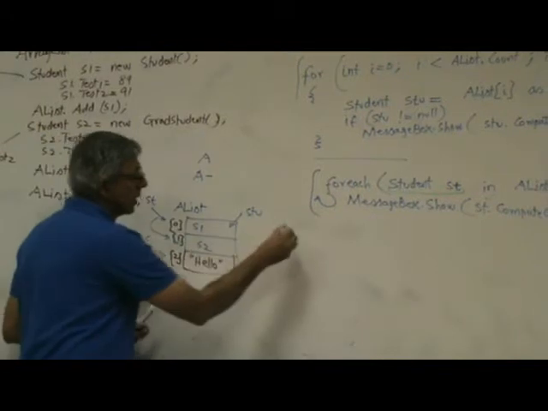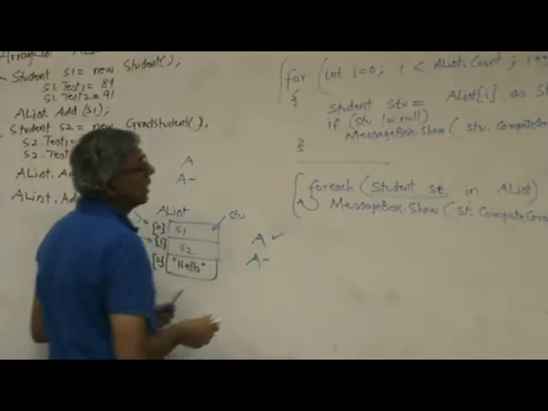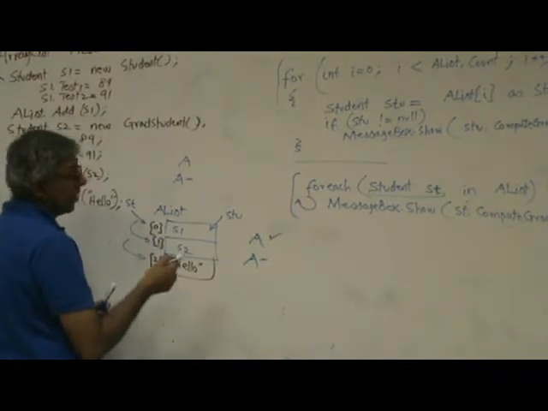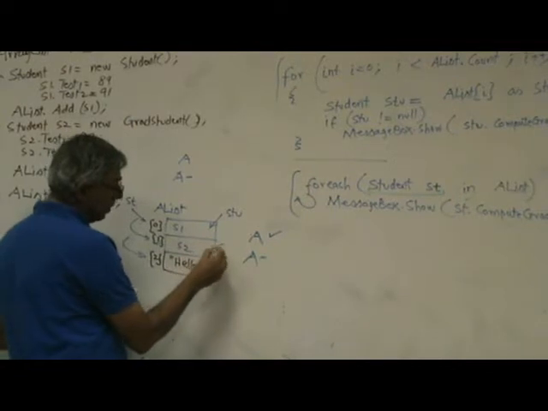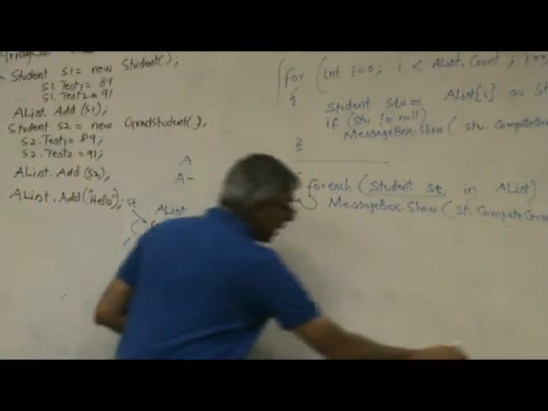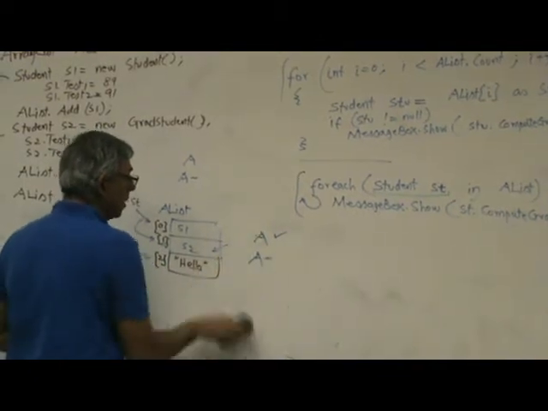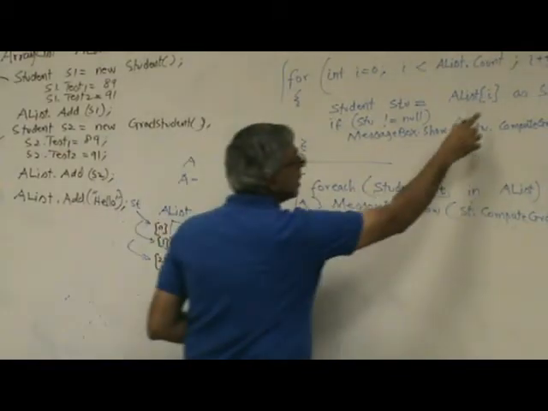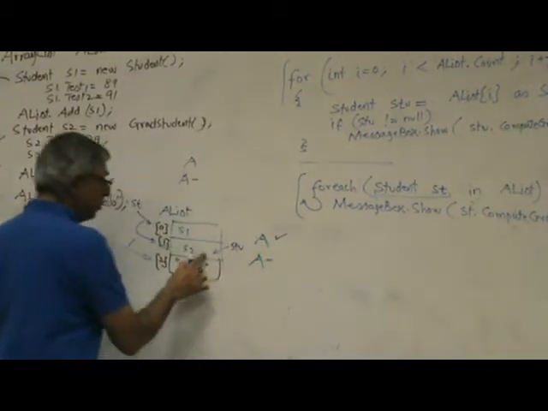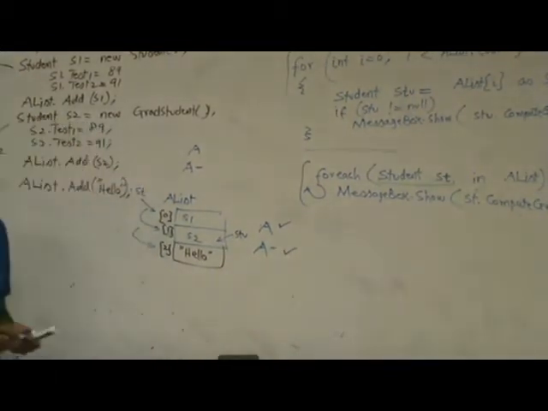Yes. Second time through this loop, student STU equal to A list of 1. What's A list of 1? Can this be converted to a student? Yes, so stu will point over here. So it will print out A minus, no problem.